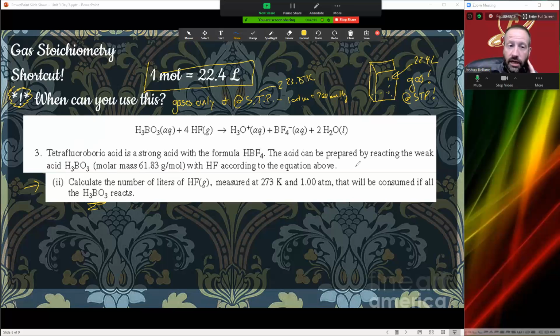Now, unfortunately, I cut out part A or 1 or something that had the mass, but that doesn't matter. Let's pick a number, 38 grams. I have 38 grams of boric acid. And I want to know how many liters of HF I would need to react completely with that 38 grams.